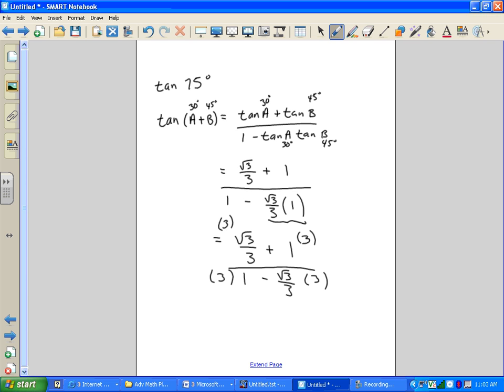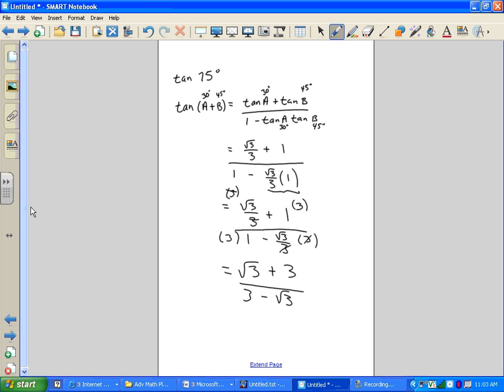All right, so now that's what's going to happen. These 3's are going to cancel, and so I'm going to have square root of 3 plus 3 over 3 minus square root of 3. All right, but we still have some issues, don't we? Yeah, you have to rationalize.